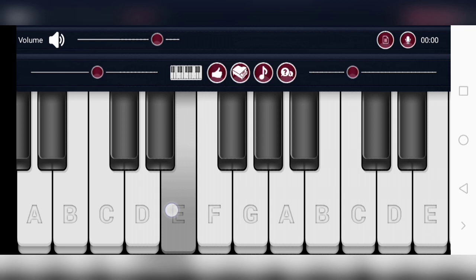Now the third letter is E. And 2 keys to get the fifth letter. 1, 2, and the fifth letter is G. Now, our C major is composed of C, E, and G. It is our C major.